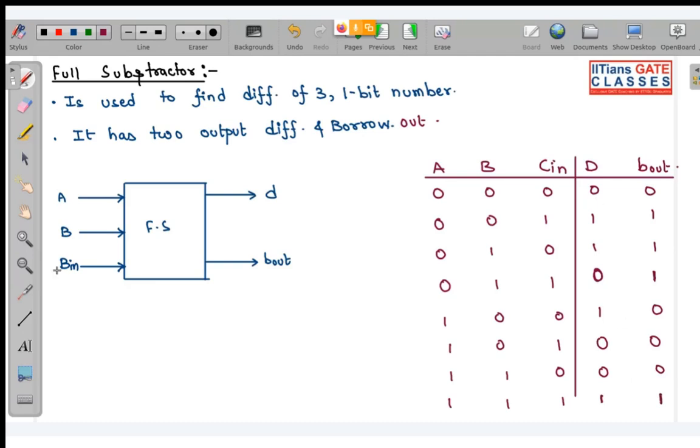So again, if you make the truth table, hopefully you might have got the same thing.